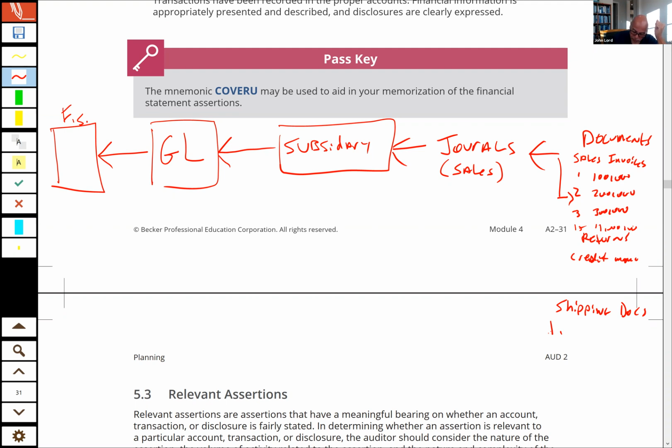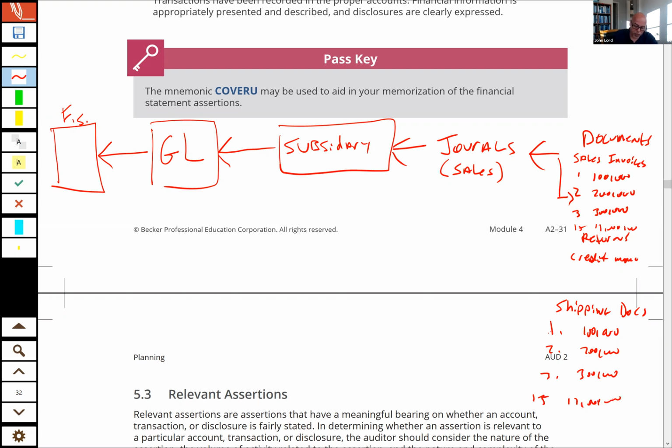And then we got shipping document number 1 for 100,000, and shipping document number 2 is 200,000. Shipping document 3 shows 300,000, and then we got shipping document 15, let's say down here for 17 million.